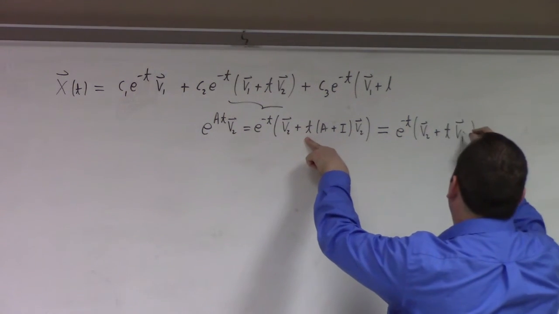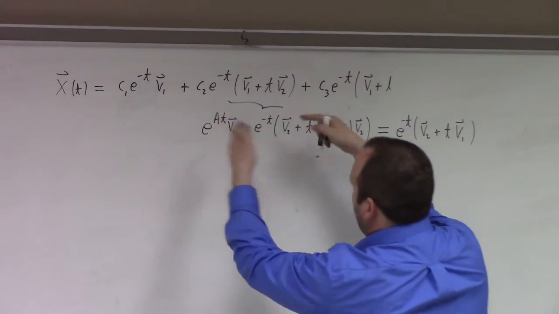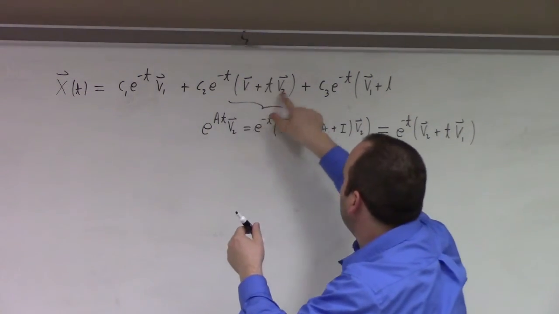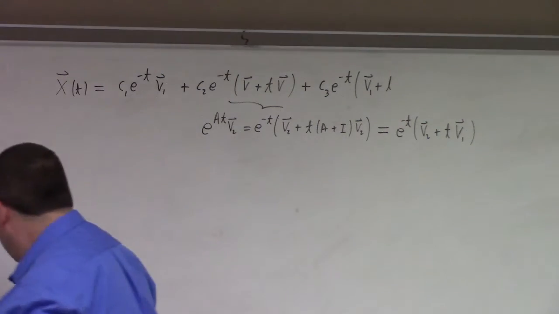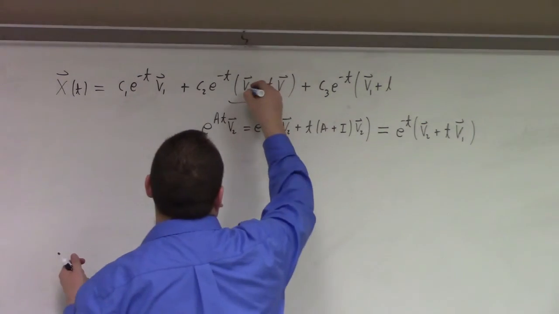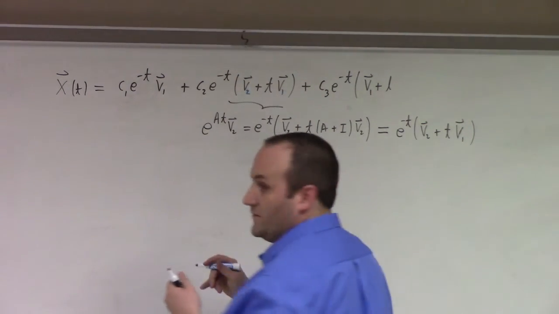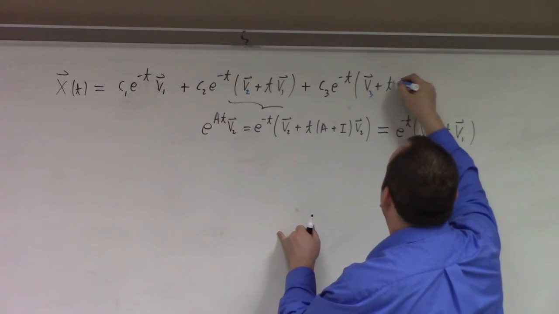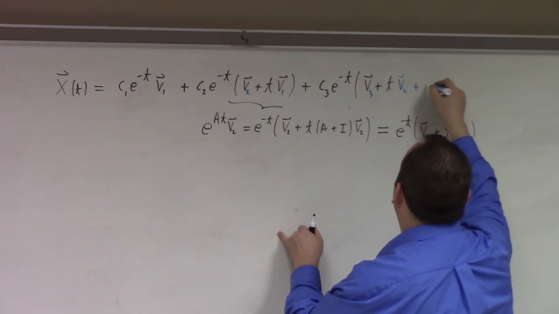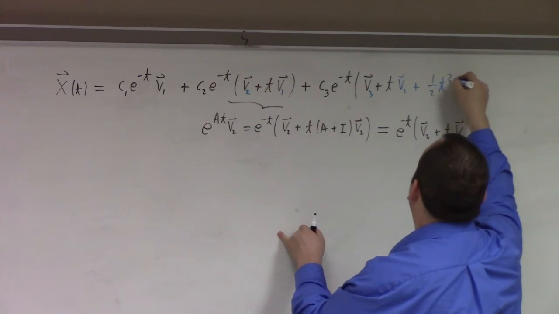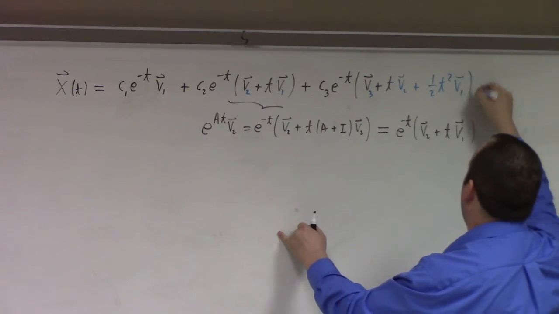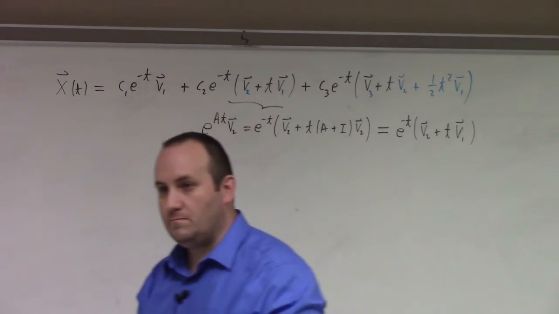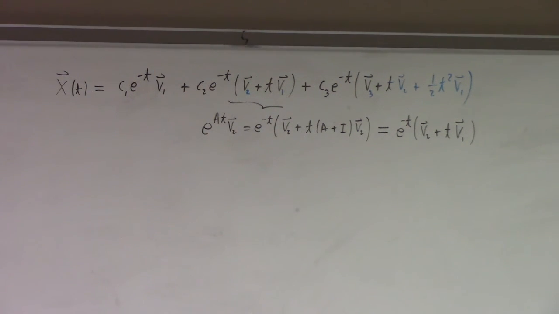The eigenvector goes with the t. I've got them flipped here. Let me be careful. If we're careful, we work it out. We have the v2 up here minding its own business and the eigenvector over here. When you get to the third one, you get v3, t v2, and then 1/2 t squared times v1. That's the general vector solution to this system of differential equations we found.